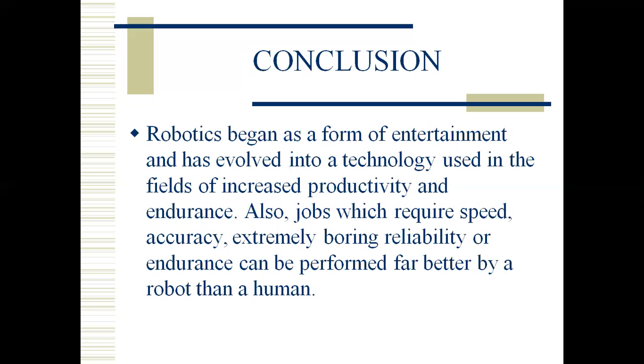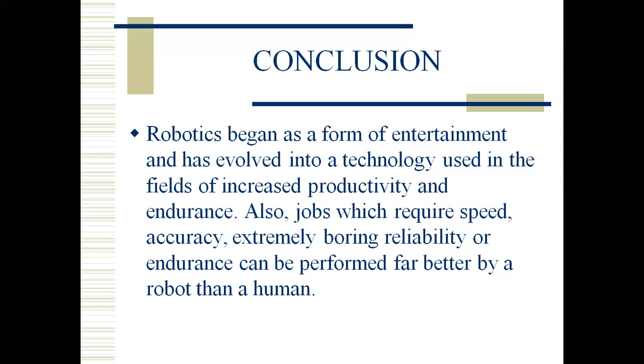So the final conclusion is that robotics began as a form of entertainment and has evolved into a technology used in numerous fields, which increases production and endurance, and by that a number of components can be manufactured in high quantity with perfect quality maintenance.